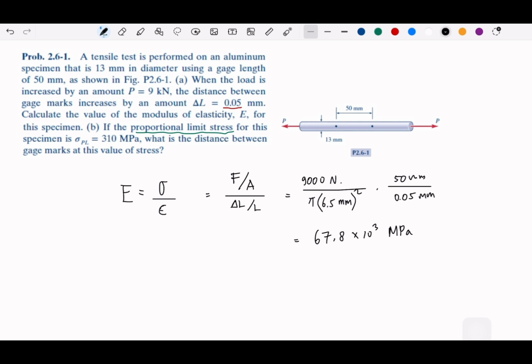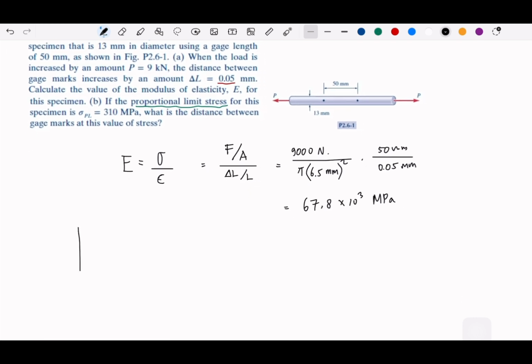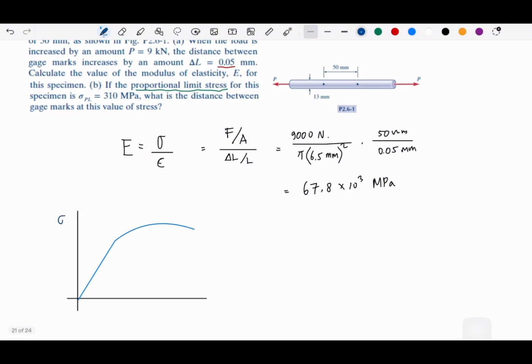So to understand proportional limit, remember that usually if you have a, for example, we have, this is in some alloys, could be metals, any metals. This is a typical stress strain curve. So this will be stress strain curve.